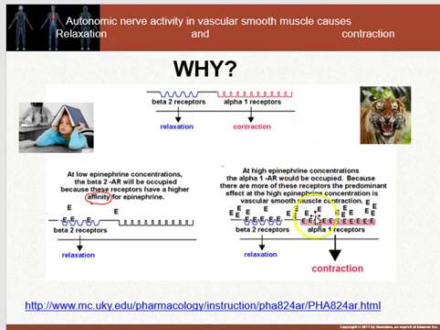Now, even though the affinity for epinephrine in terms of alpha 1 is much lower, all the beta 2 receptors are currently occupied by all this excess epinephrine, which means epinephrine can slide over and bind to the alpha 1 receptor. Because of the number of alpha 1 receptors, note there's more alpha 1 than beta 2, there's a more intense vasoconstrictor response.